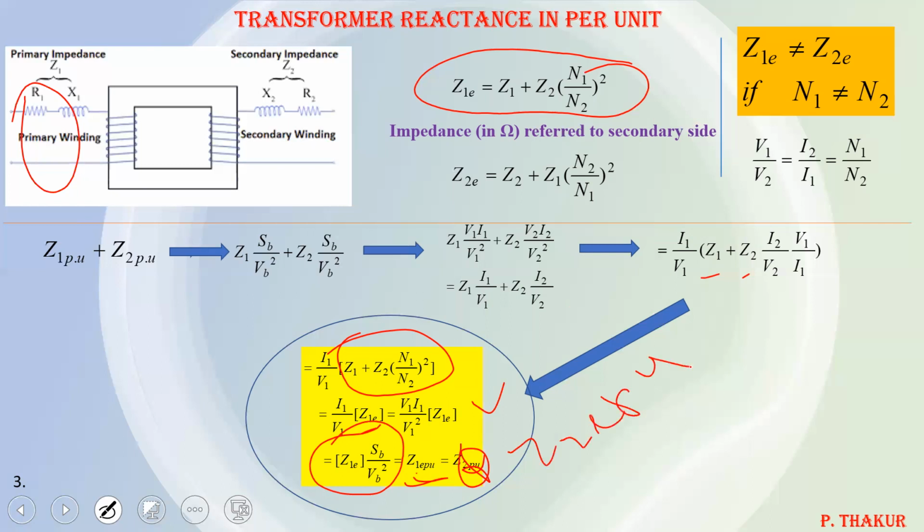So in this way, you can say, if reactance, impedance or resistance is in per unit, then the sum of primary impedance and secondary impedance will be equal to total impedance of the transformer, either referred to the primary or referred to the secondary. So this is very important.